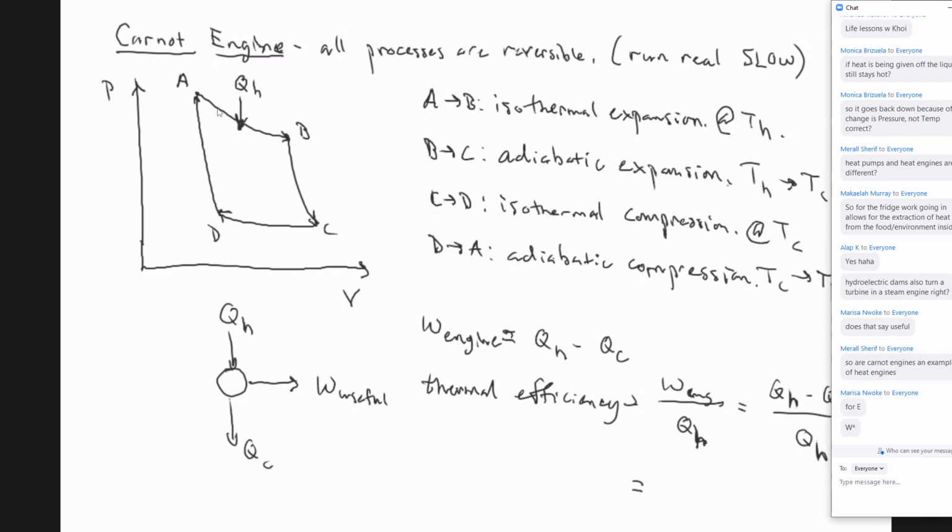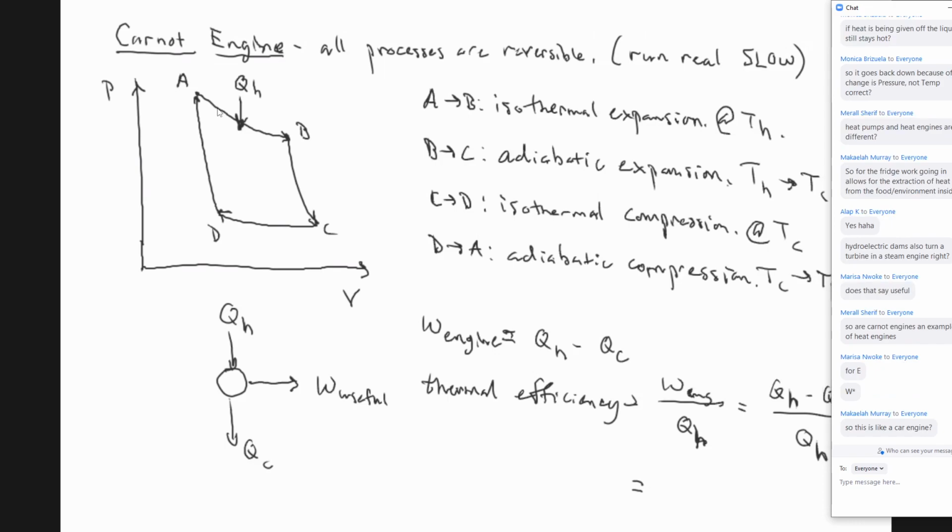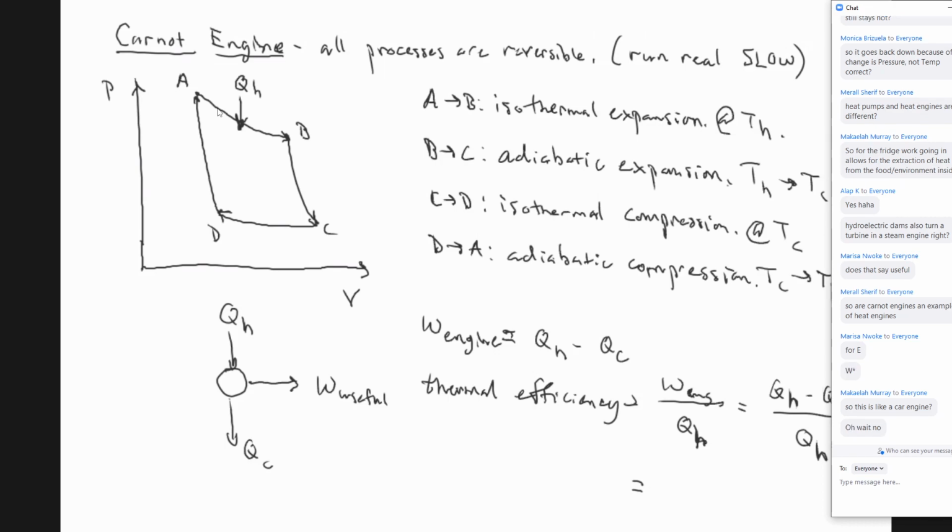Yes, Carnot engines are an example of an ideal heat engine where no energy is lost in every step of the way. Any engine can be a car engine, right? But not any engine can be a Carnot engine. So car engines, as we know, is not 100% efficient, right?